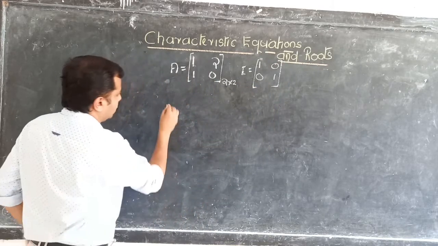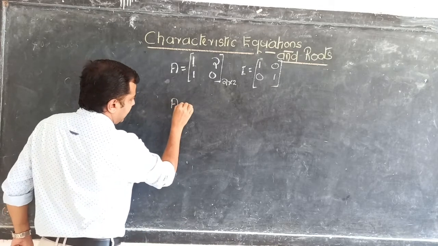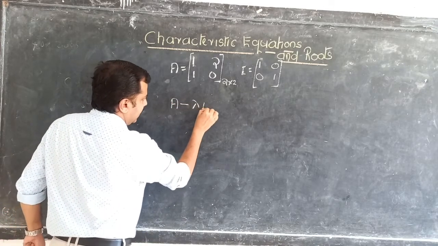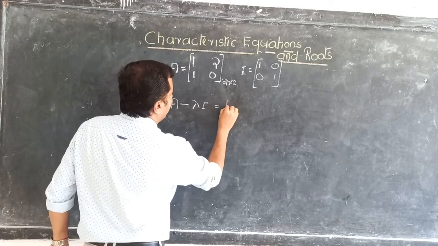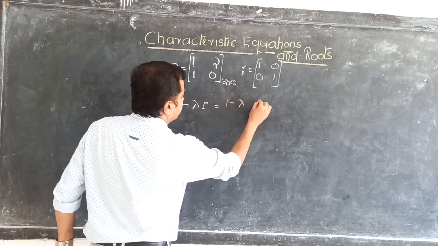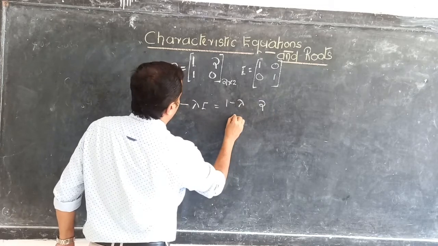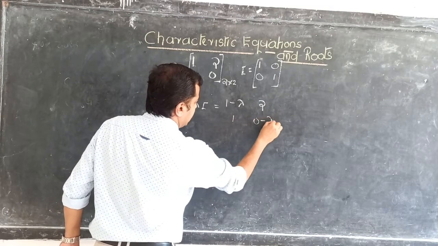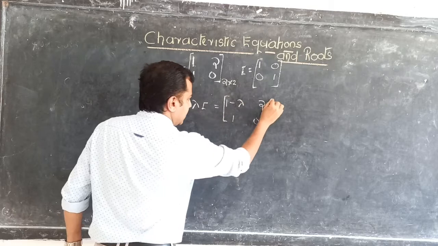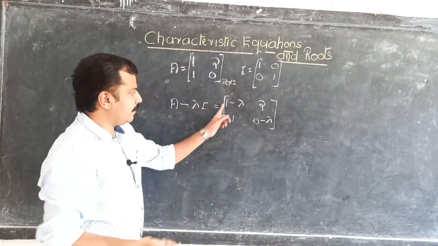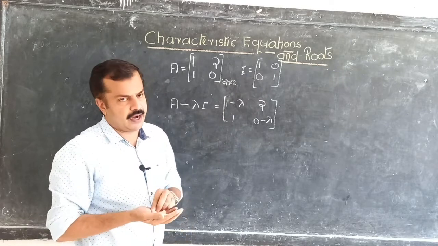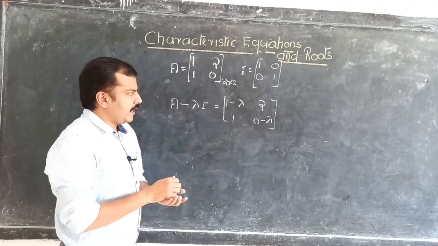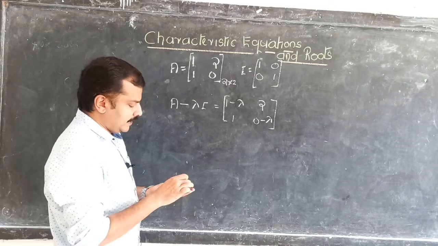Then A minus lambda I will be 1 minus lambda, 2, 1, 0 minus lambda. For the diagonal elements we just deduct lambda, because we are dealing with an identity matrix.